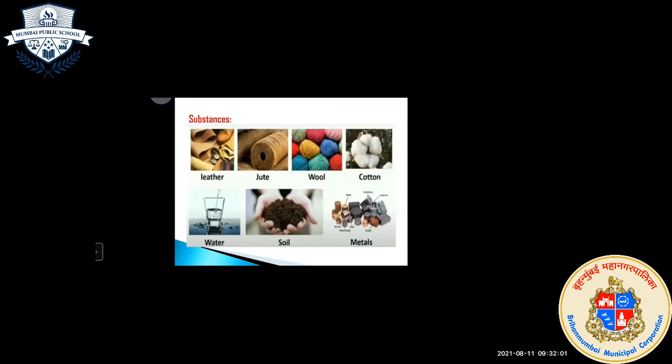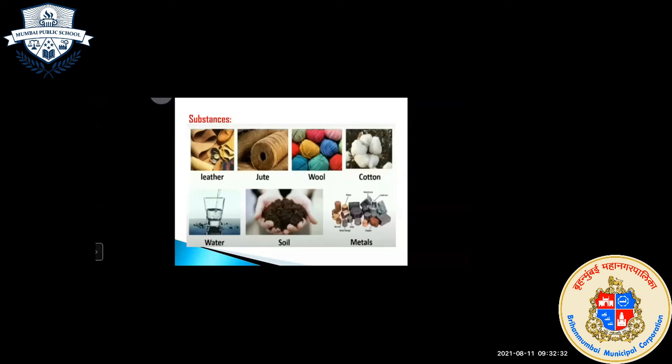Understood? Leather we are getting from animals like crocodile, turtle, snake. Jute we are getting from trees. Wool we are getting from sheep. Cotton we are getting from plants. So again, these things we are getting from living things. And here, water, soil and metal, these are non-living things.